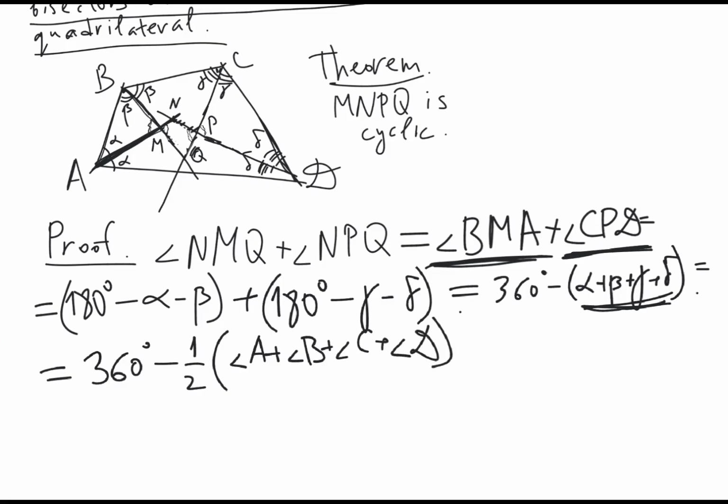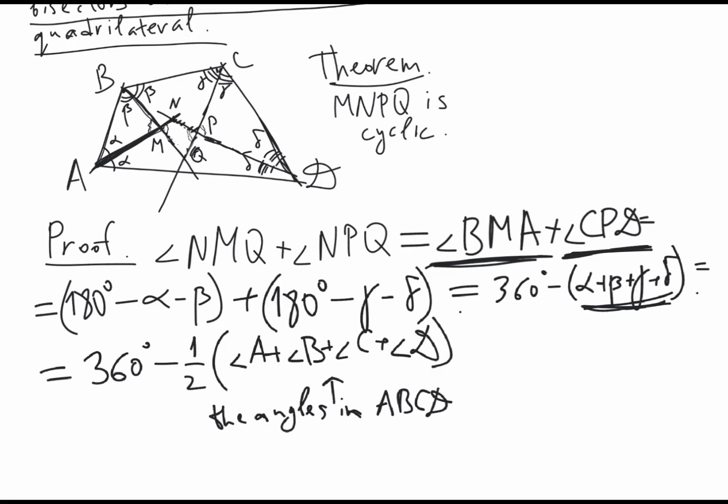These are the angles in the original quadrilateral ABCD, right? But the sum of all four angles in any quadrilateral is equal to 360 degrees.